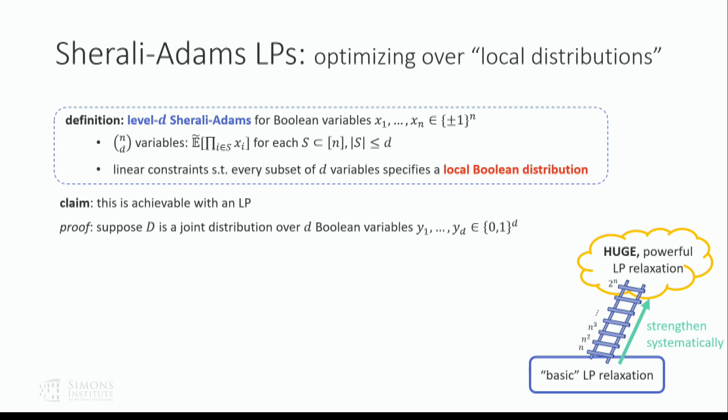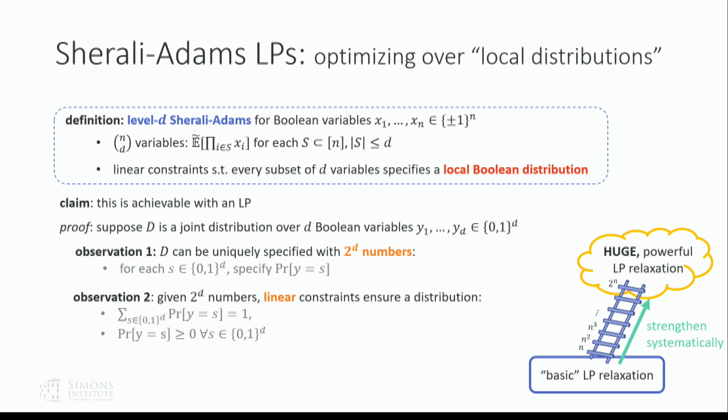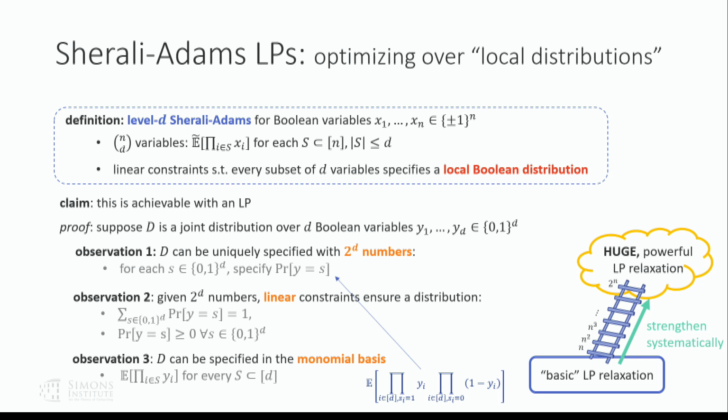Why? If I have a joint distribution over d Boolean variables, I can uniquely specify it with only 2 to the d numbers, by writing the probability of each outcome. With those 2 to the d numbers, linear constraints can ensure that this is a distribution: the probabilities sum to 1 and are non-negative. The final ingredient is that these probabilities can be written in the monomial basis.